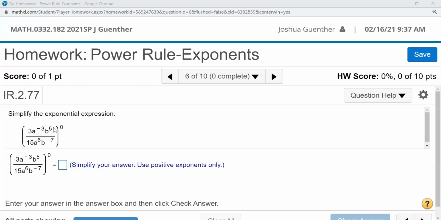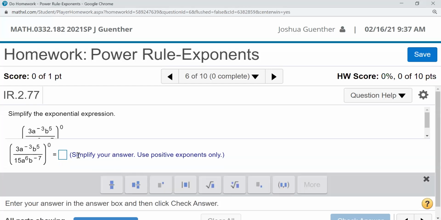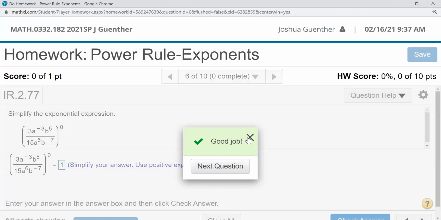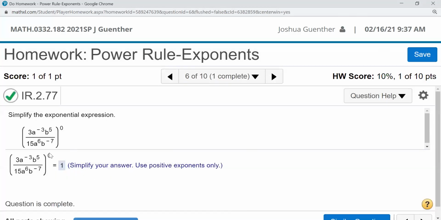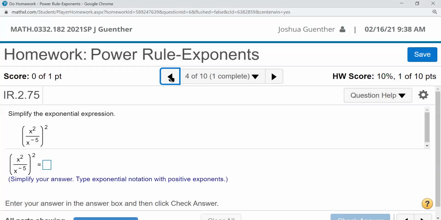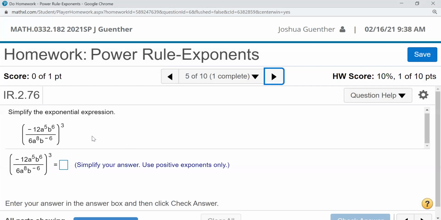Look at this monstrosity. Oh wait, it's all to the 0th power. Don't let it throw you off. That's a monstrosity, but it's all to the 0th power. Now this one is a monstrosity. It didn't quite cover. That's okay. This one is a bit of a monstrosity, and it's to the 3rd power.